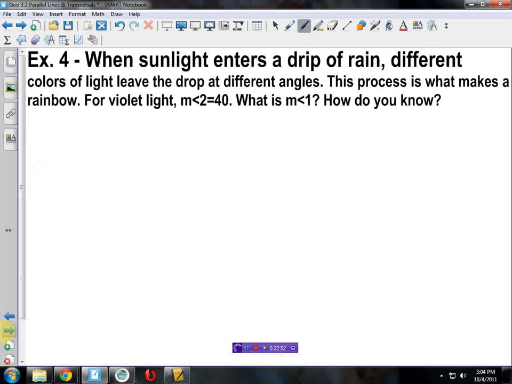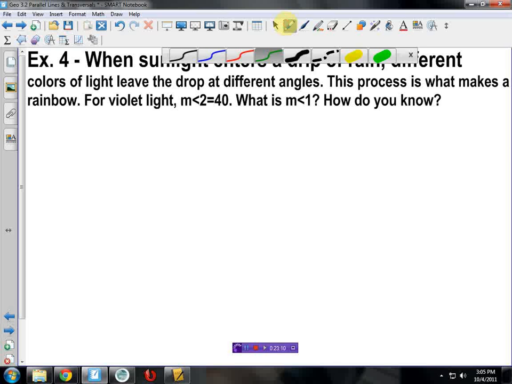This is the last one. When sunlight enters a drop of rain, different colors leave the drop at different angles. Okay, this is how a rainbow is formed. And then they talk about for violet light, the measure of angle 2 is 40. And there's a picture here. Let's see, so we have a rainbow.